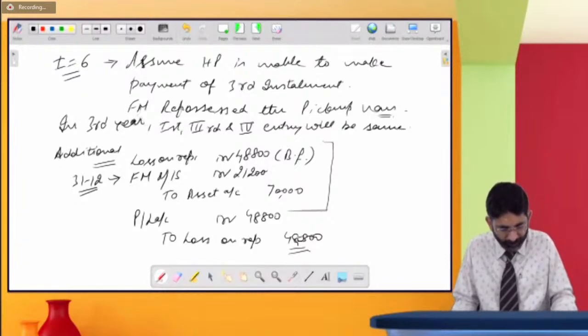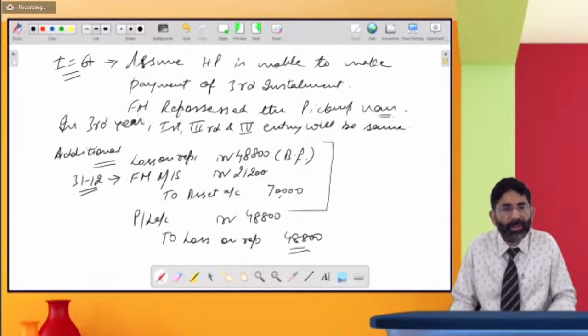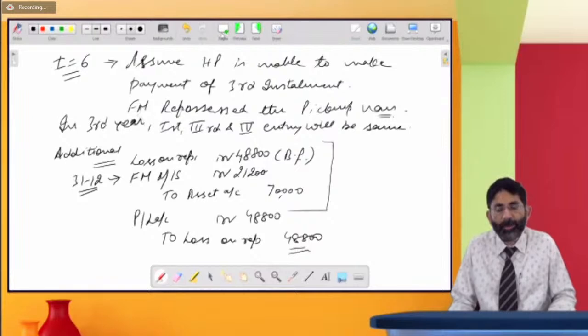Yes, sir, clear. There may be some other amount other than 21,200 agreed. So let's go to another example in the same case. If it is clear, I may proceed to the next page, beta.